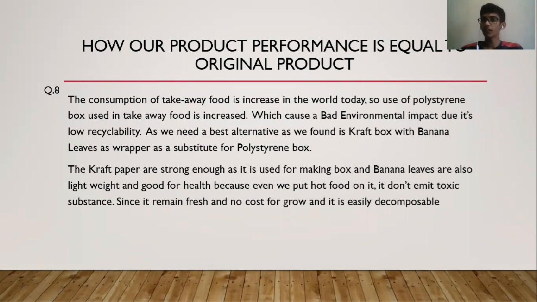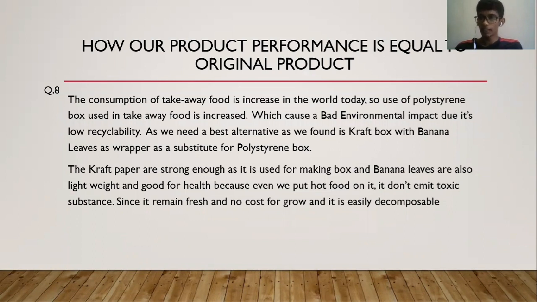We found a craft box, which is made by craft paper, with banana leaves as a wrapper to cover the food. We look at the beginning stage of the craft paper. Craft paper production uses a very small amount of renewable raw materials.